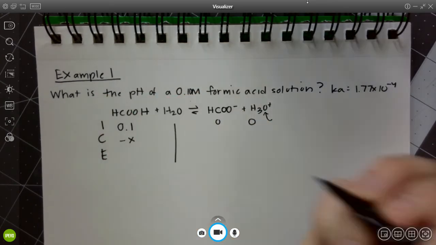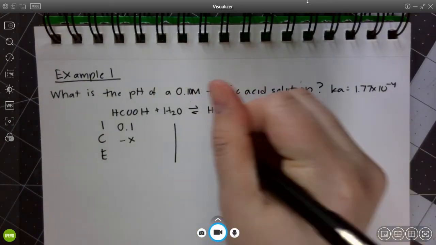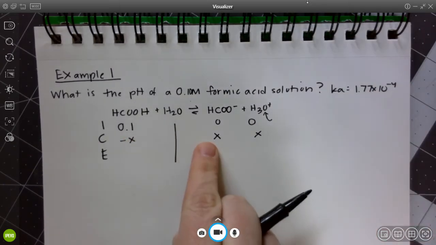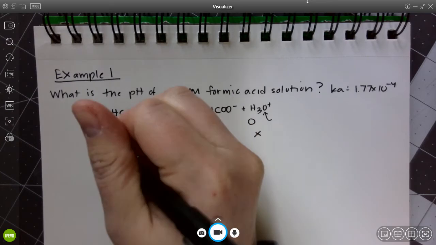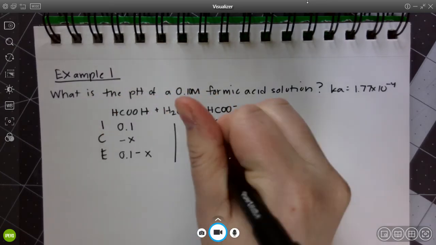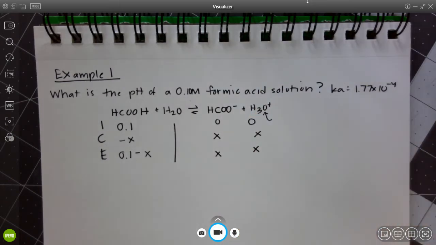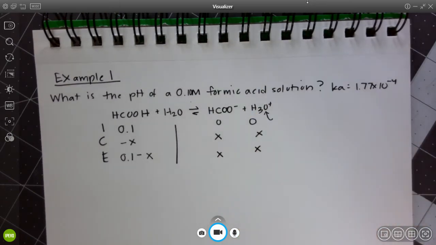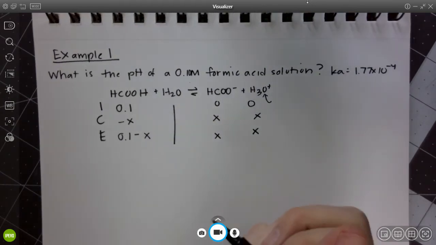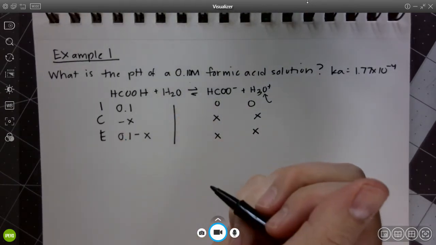So my change must be minus X, X, and X, because I have stuff to go down and I have nothing here, so I must make something. And so my equilibrium values are going to be 0.1 minus X and X for both of my products.